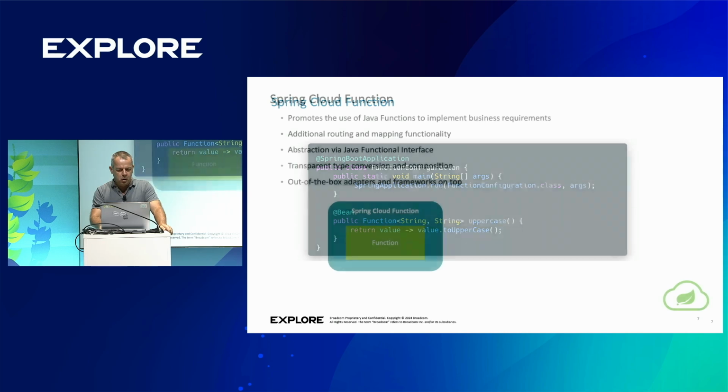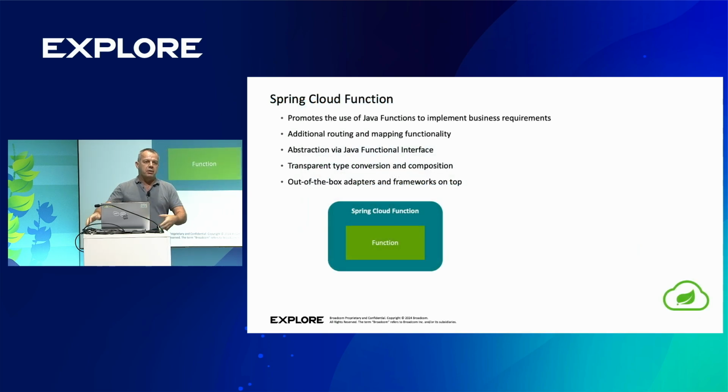So let me quickly go back to that slide. Spring Cloud Function is the framework that provides you the ability to write your business requirements as Java functions, and then include them within your Spring Boot application, and whatever auto configuration you include that is already integrated with Spring Cloud Function will use that within the context of that particular execution.